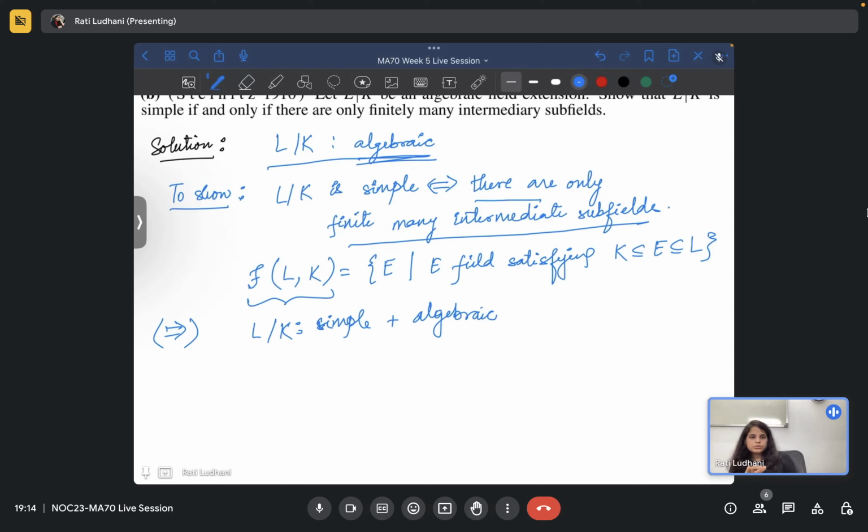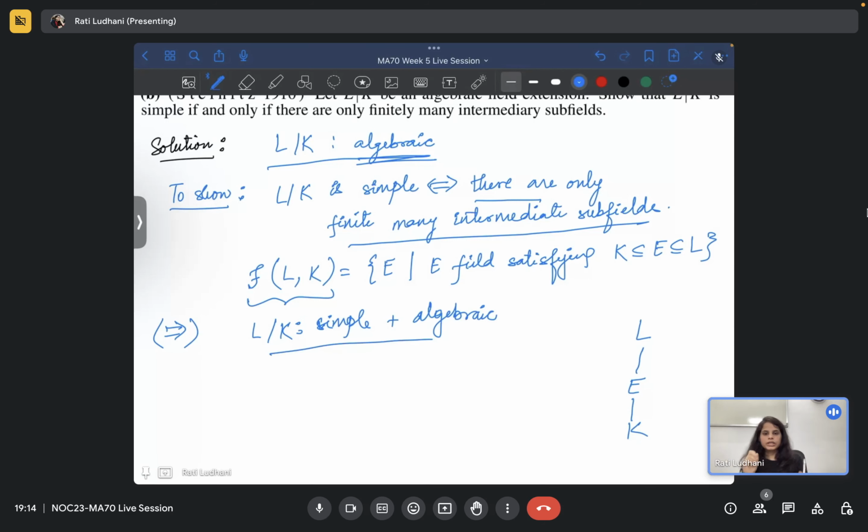In the first question, what have you done exactly? Let's observe that we have taken L, so there is K. It is saying if E is in between, I can use the first question, at least this part, because L is simple and algebraic over K. In part A, we have these hypotheses only.